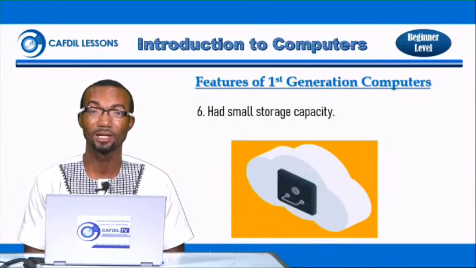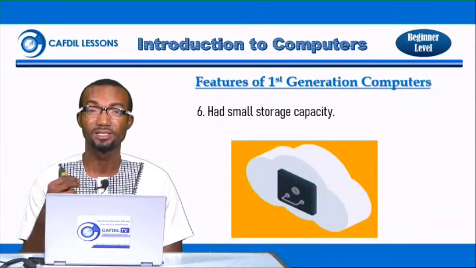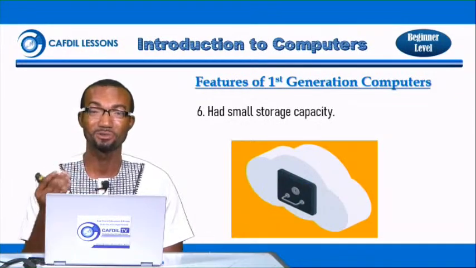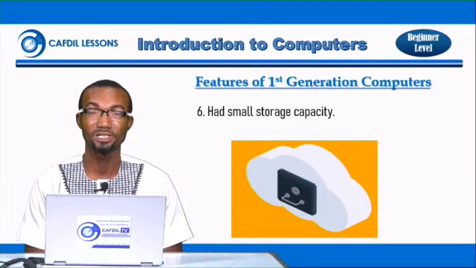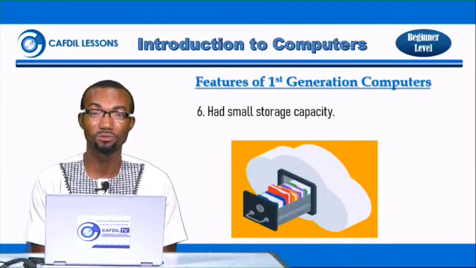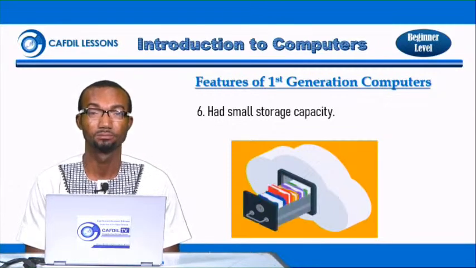A pen drive can be 4 gig, 8 gig, 16, 32, 64, some 1 terabyte, 2 terabyte, very large. But the first generation computers had small storage capacity. That means you could store small amounts of data on it.